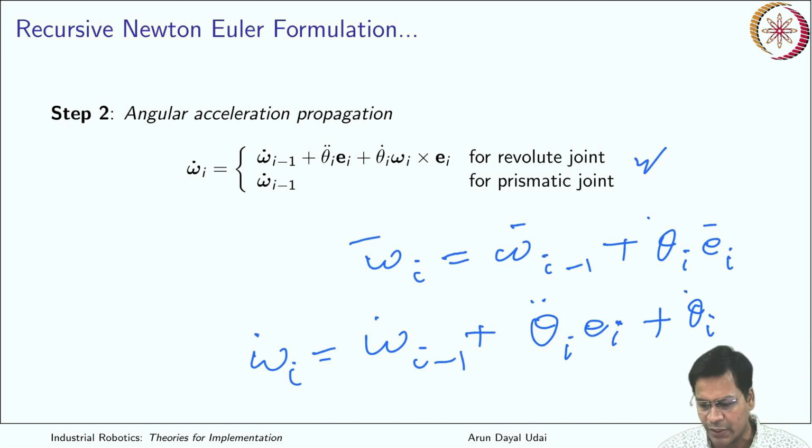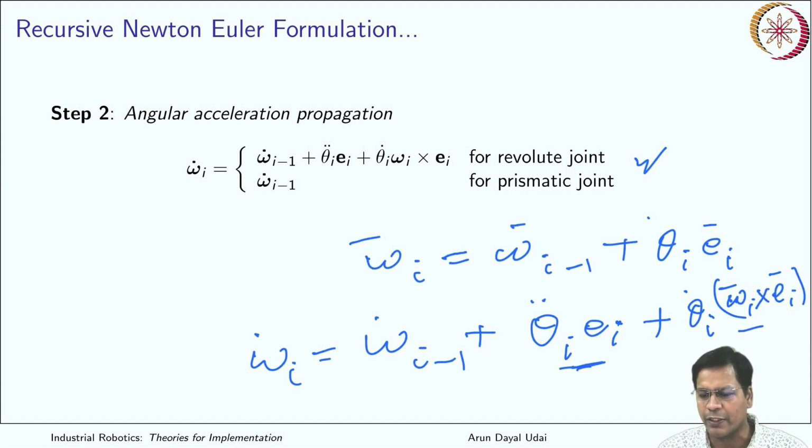Now EI is a vector, so it is not changing in magnitude, it is changing in direction. And how is it changing? It is given by omega I cross EI. So these are the two vectors, and you have to take the cross product over here. This is perpendicular to the direction of EI, so it is along the tangential direction, while the other is along the same direction.